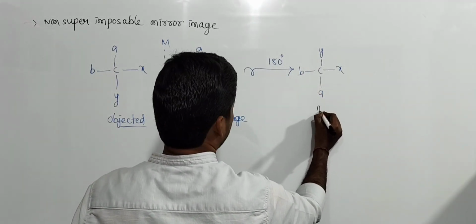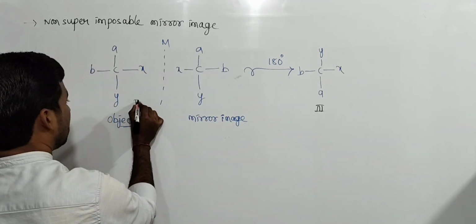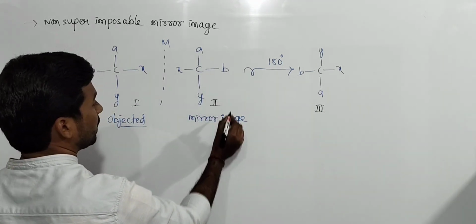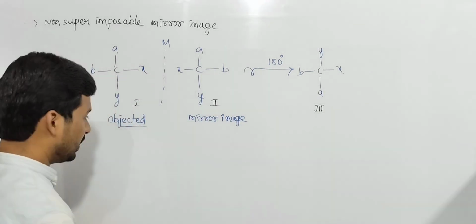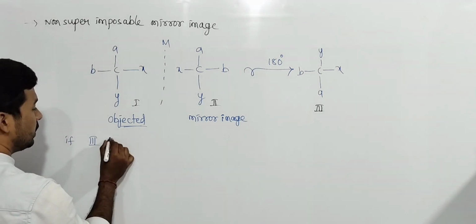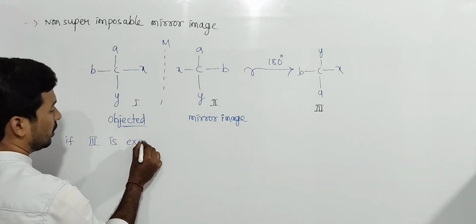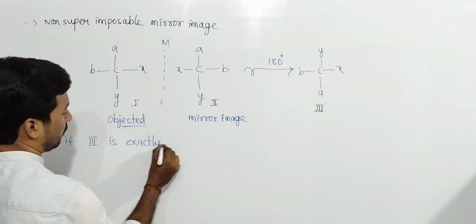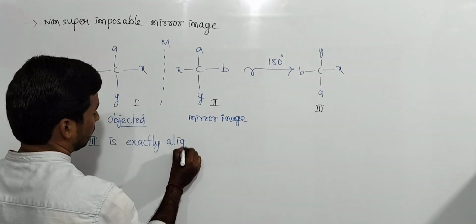This image is 3; 1 is the object, 2 is the mirror image, 3 is the rotated one.